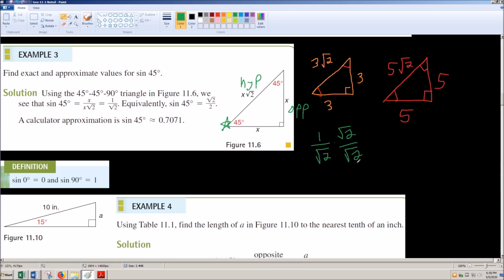Again, just don't want to have any radicals in my denominator. So this becomes root 2 over 2. And that is what this value for x is right here. So looking at this, what would my hypotenuse be? Well, I'd multiply by my root 2, and so here it would just be, just like our unit circle had.